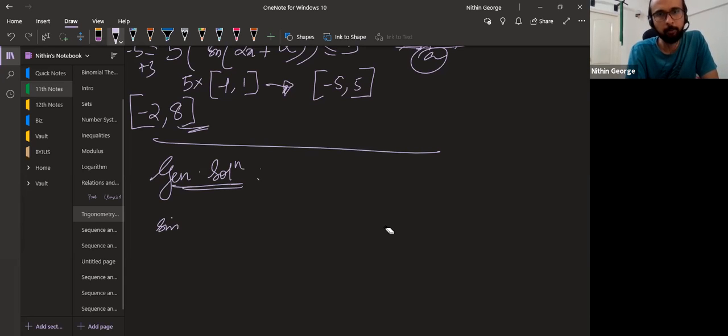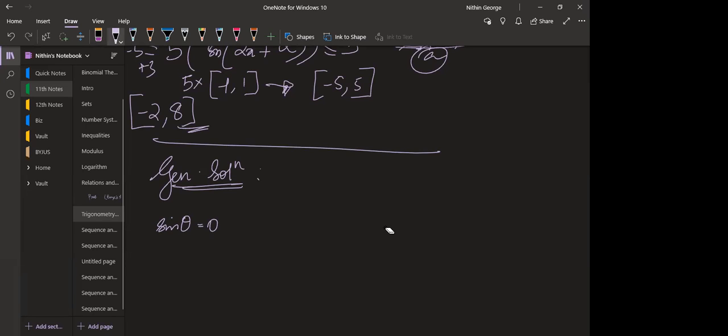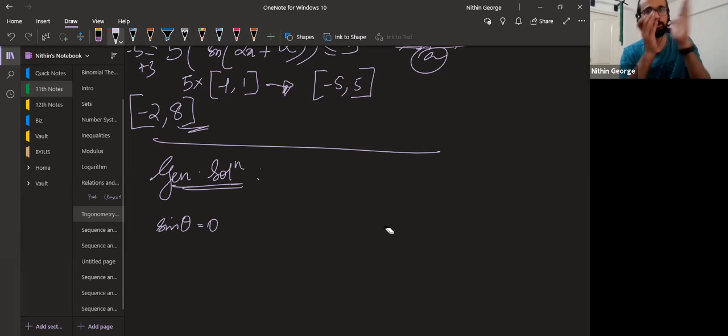So what do you mean by general solution, guys? Suppose you get sine theta equal to 0 and you want to find the general solution. What do you mean by finding general solution? Generalizing, all the values of theta. Exactly. So we don't take within a certain range. You look for all the values of theta that can satisfy sine theta equal to 0.